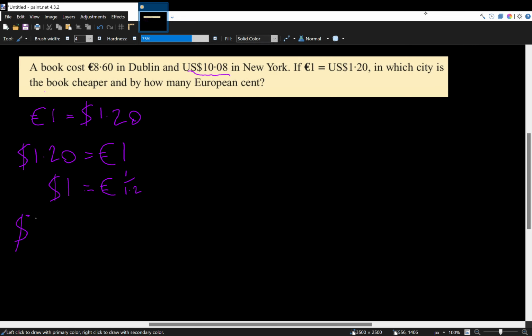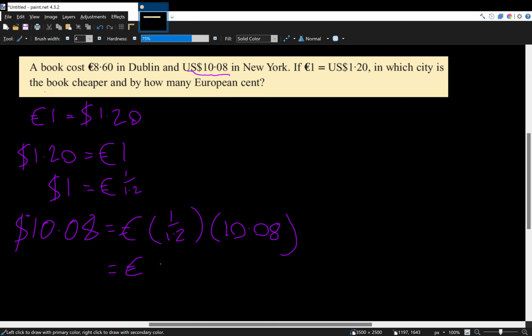So 1 times 10.08 just gets us $10.08, and we do the same thing on the other side for our euro amount, times 10.08. Now obviously we're going to stick that calculation on our right straight into our calculator. We're not going to try and do this out. And what we get when we do is €8.40.